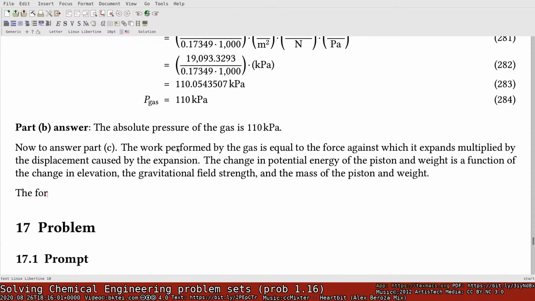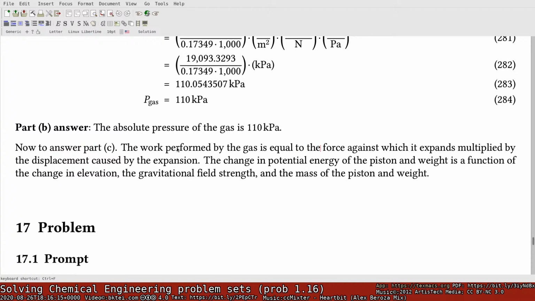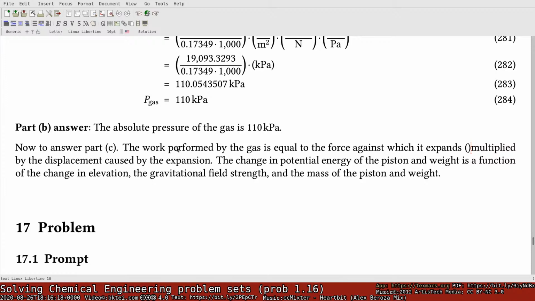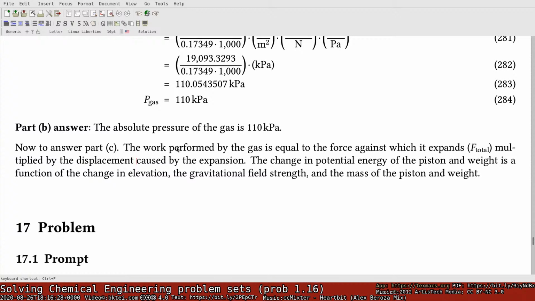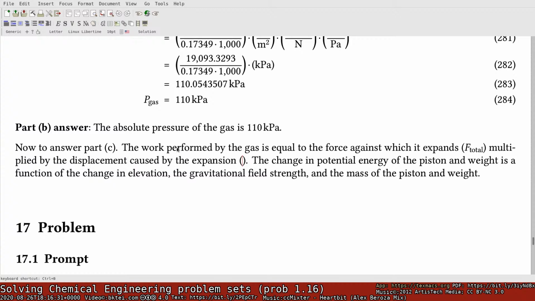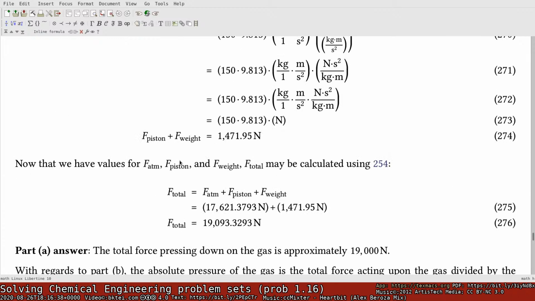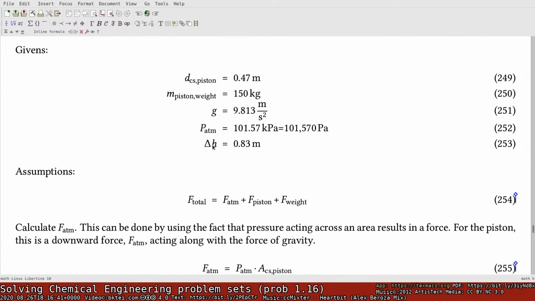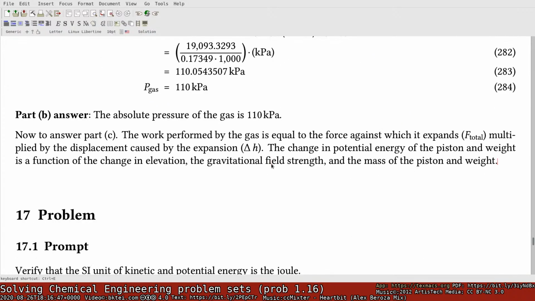Okay. The work may be calculated by multiplying, well, let's just add in there, the work performed by the gas is equal to the force against which it expands, and we'll put in parentheses F total, multiplied by the displacement caused by the expansion, and then we'll put in parentheses delta H. Put delta H in there, or do we put delta Z? Yeah, delta H. Okay.